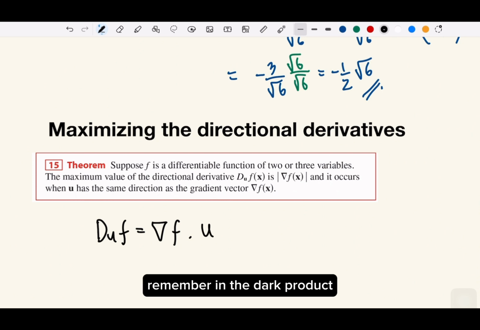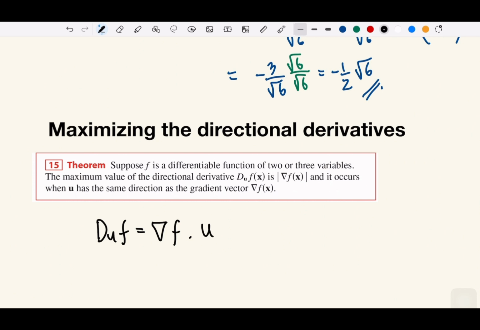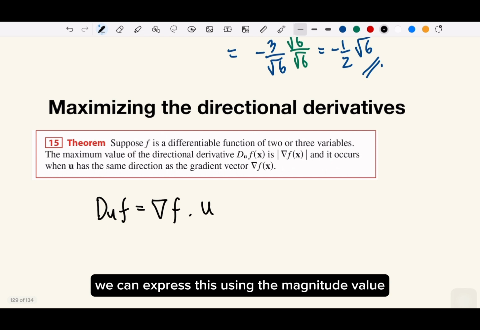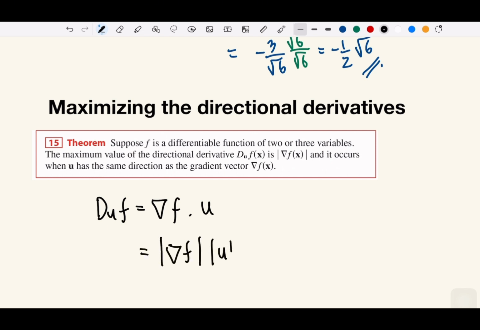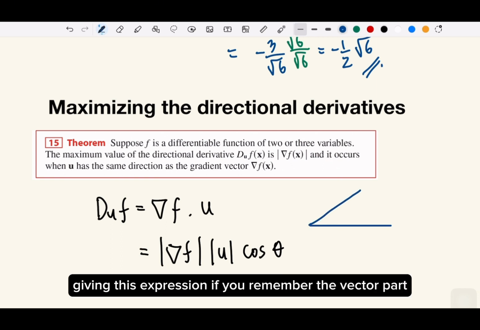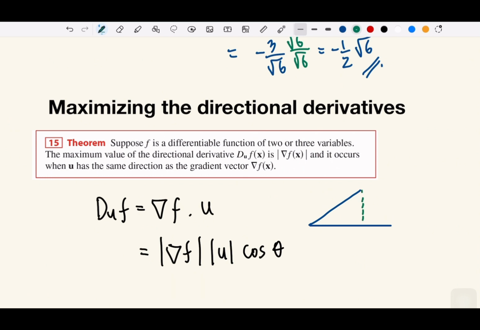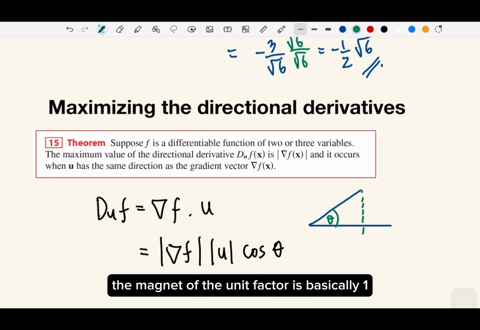Remember in the dot product, we can express this using the magnitudes with cosine theta. If you remember the vector part, the magnitude of the unit vector is basically 1.